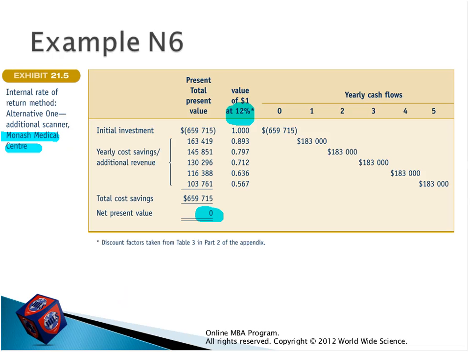At the 12% discount rate, the net present value of the project will be equal to 0. That means our internal rate of return on our investment must be equal to 12%.